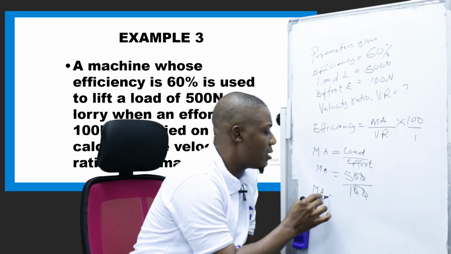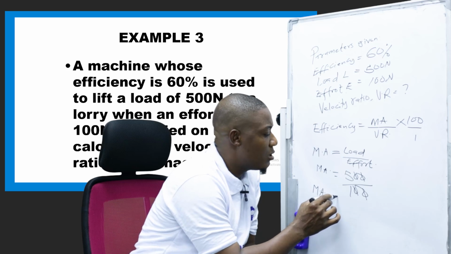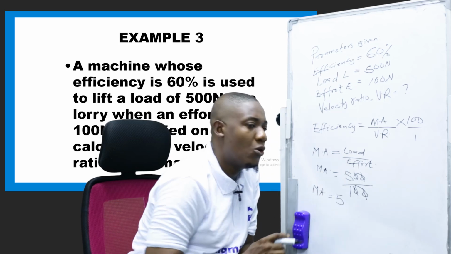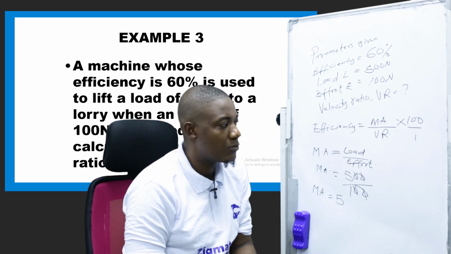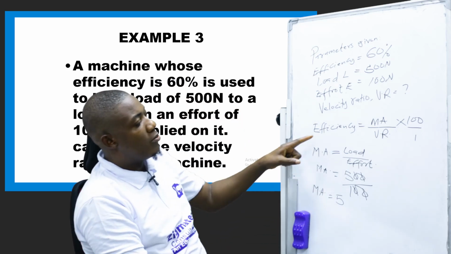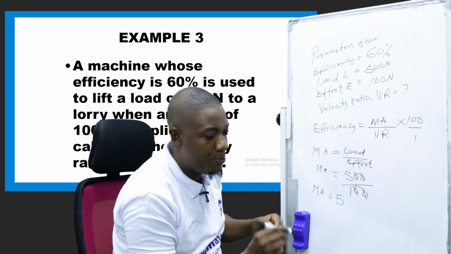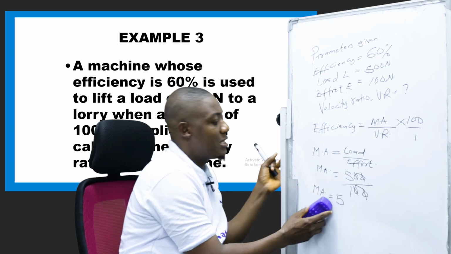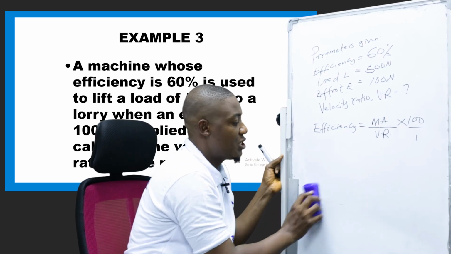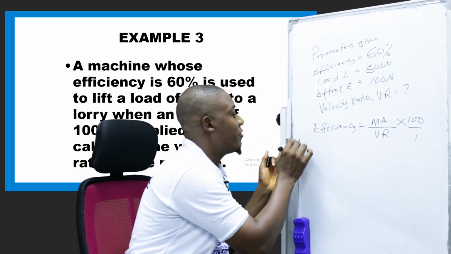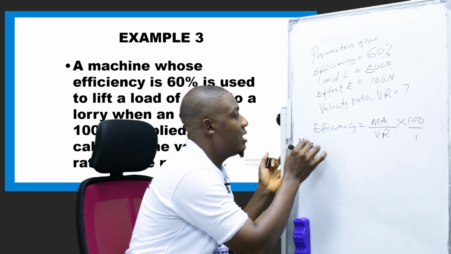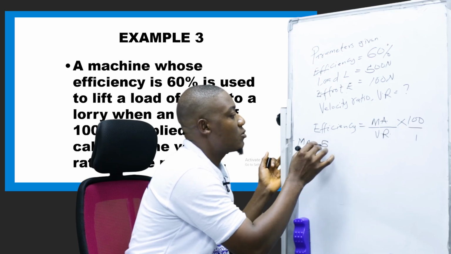MA, mechanical advantage, is equal to 5. Please take note that MA is equal to 5.